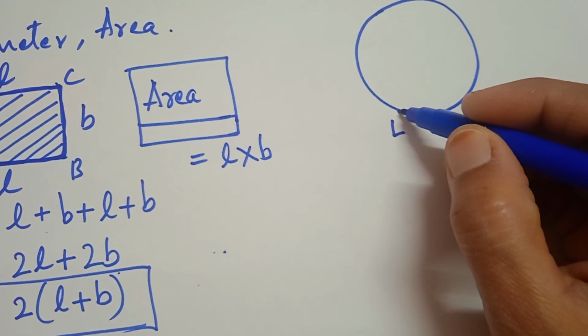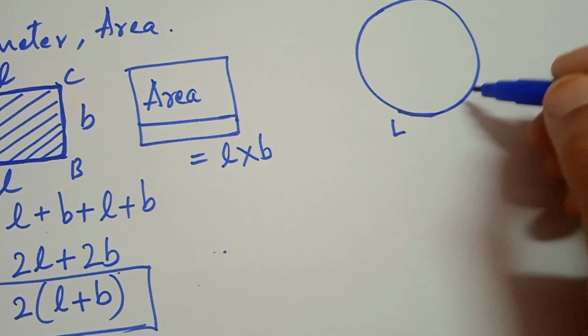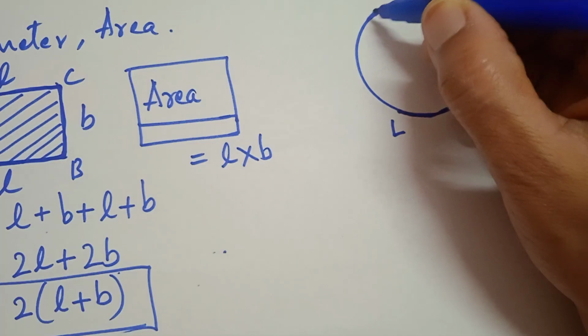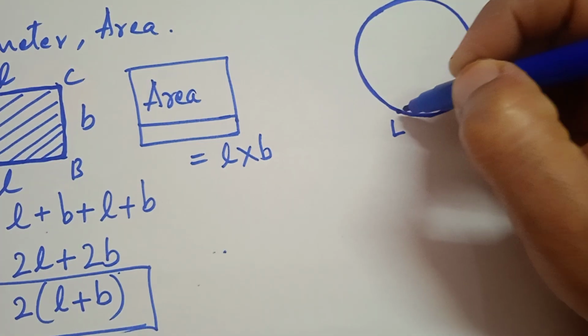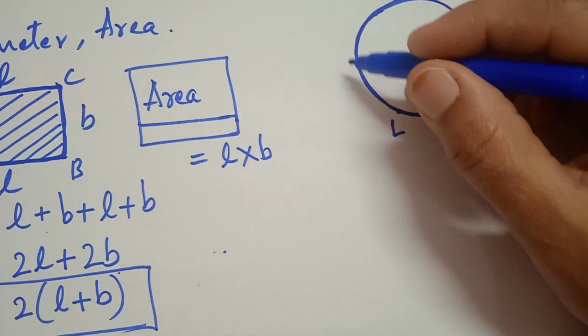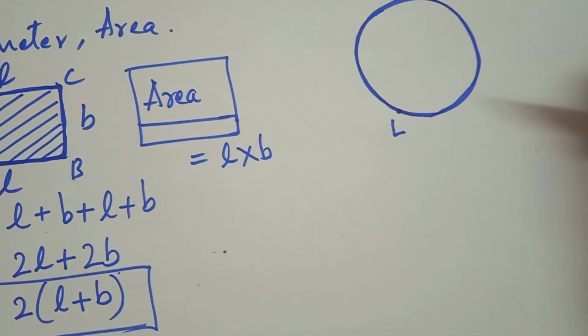If I start walking along the path of this circle and come back to this point L, the distance that I travel is called the circumference, or you can call it perimeter also.